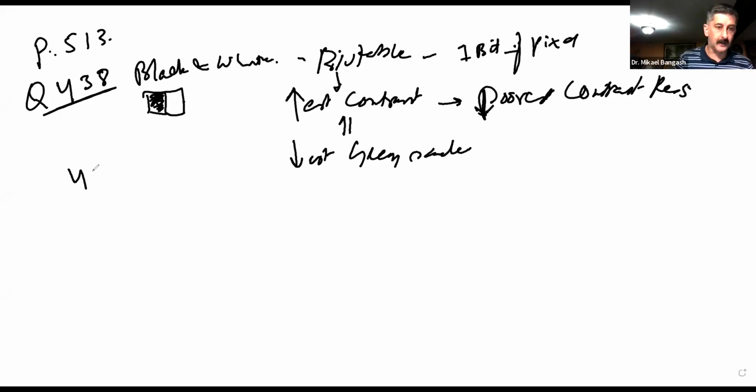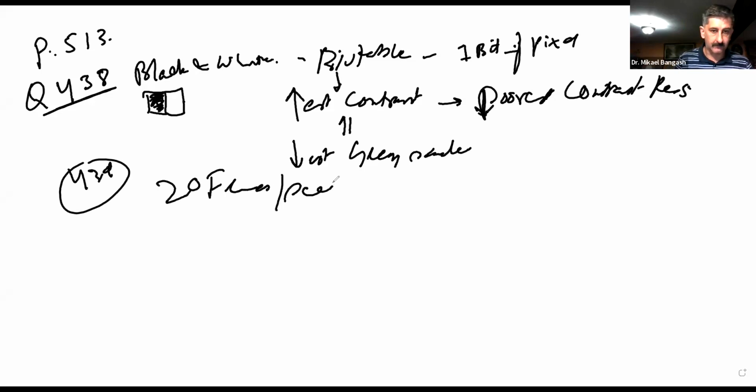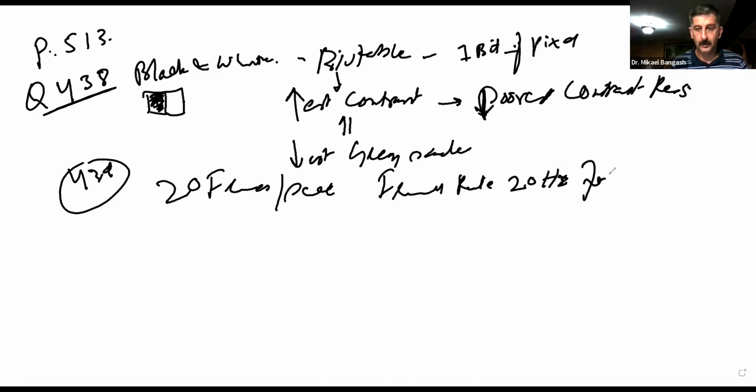Now 439, just remember that number. We have to have at least 20 frames per second, or we can say a frame rate of 20 hertz, for the images to show no flickering.